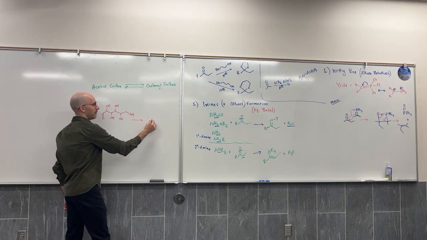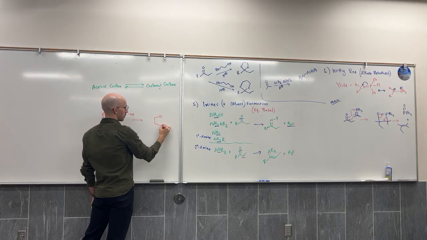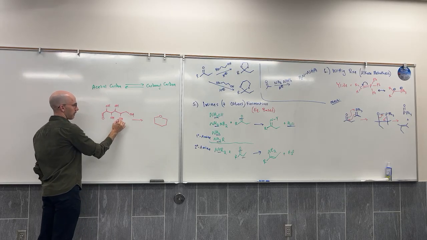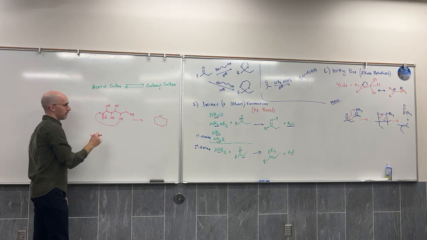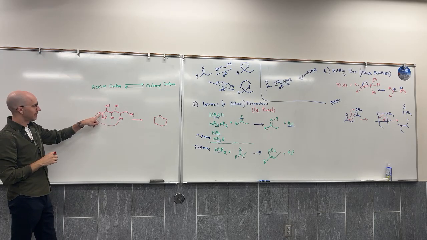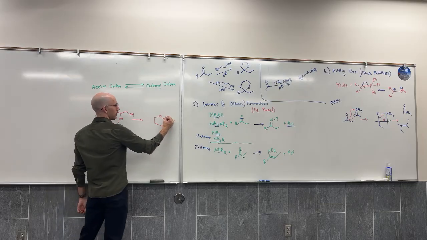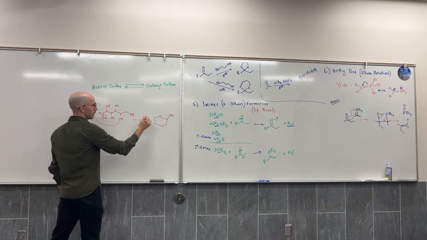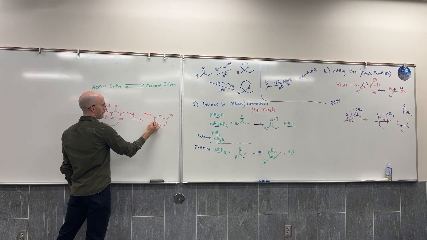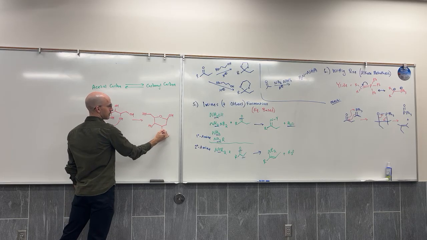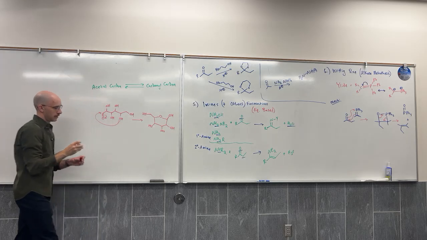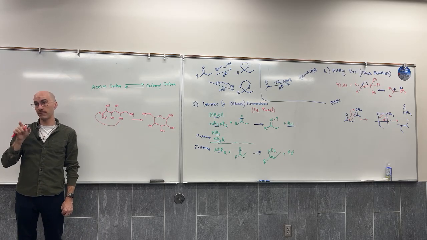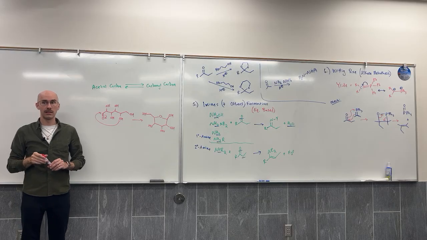And many times linear sugars will go through an intramolecular reaction where one of the alcohols attacks one of the carbons, turns that into an alcohol itself, and then creates a cyclic sugar. And the cyclic sugar has either a hemiacetal or an acetal carbon.